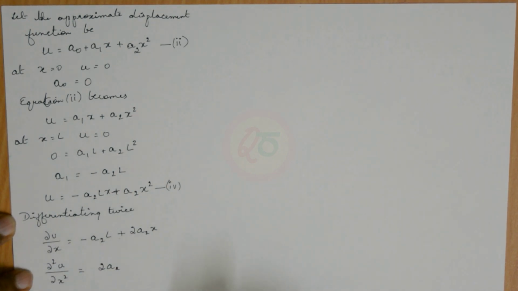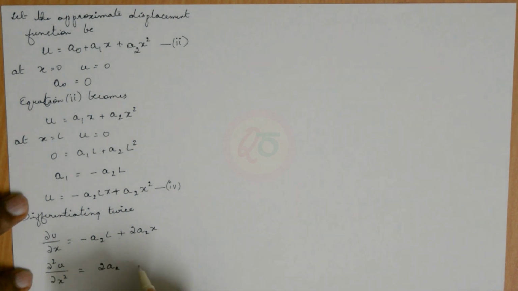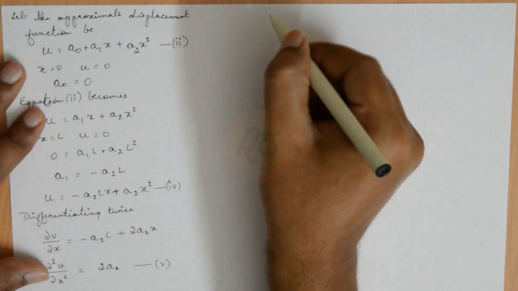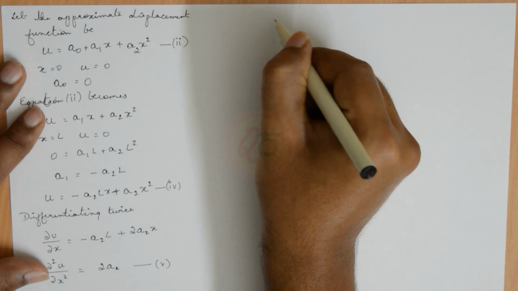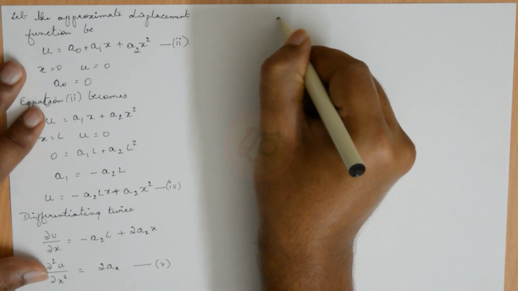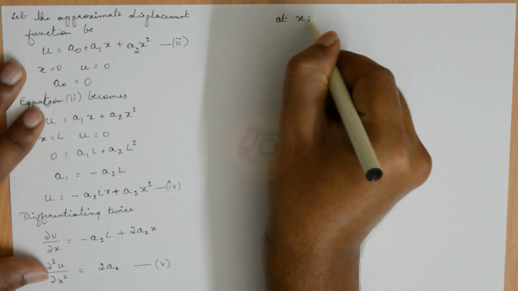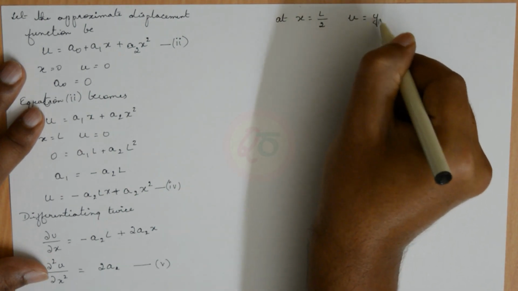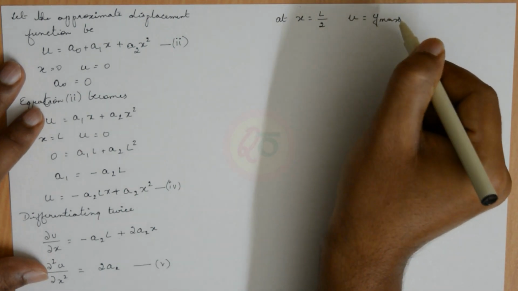Okay. Now with this value that we have obtained, call this equation 5, we need to obtain y max. So y max, or the maximum displacement, is at the center. At x equals L by 2, displacement u is y max.